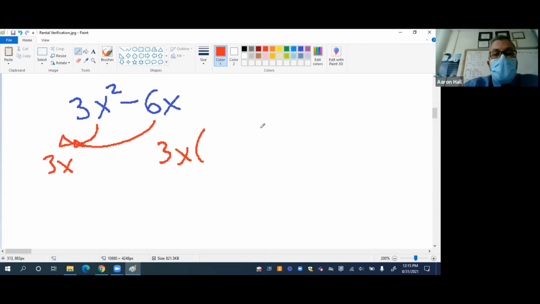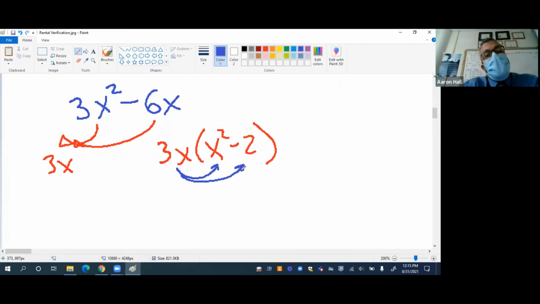If I take out a 3x, then I have 3x, and what's left over? X squared minus 2x. Does that look right to you? After you have factored something out, I recommend you distribute back and see if we get the same thing.